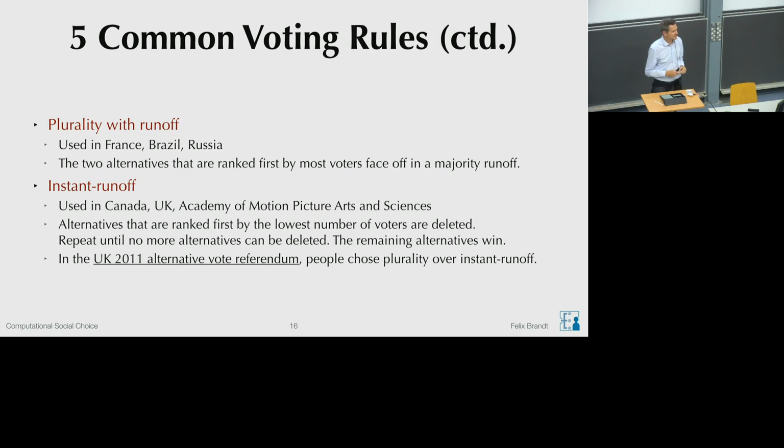Yes? I was wondering, in the UK referendum, was there just a decision between plurality and instant runoff? Yes, it was. Because once you are comparing more than two alternatives, it's always tricky, and the question becomes which rule you use for that. Like in this castle in France, for instance, they used approval voting. I think I never mentioned what rule got most support there, because I said that plurality didn't get any support in this experiment in France.